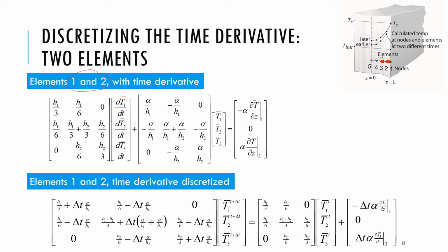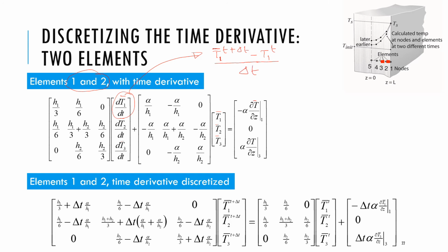Now this time derivative, we want to convert it. So I can write the time derivative in a very simple way, like we do in finite difference, just for the time derivative. So dT1/dt, this I can write as T1 bar at t plus delta t minus T1 at t over delta t.